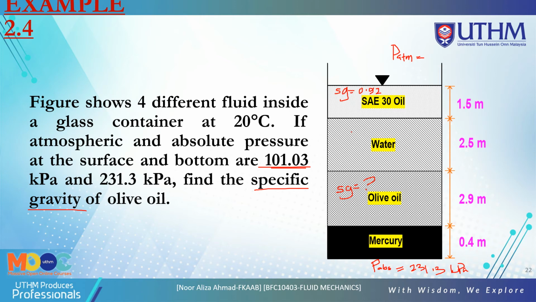Water, we know that the density of water is 1000. No need to know the SG. So we know that the density of water is 1000 and the SG of olive oil is what we want to find.